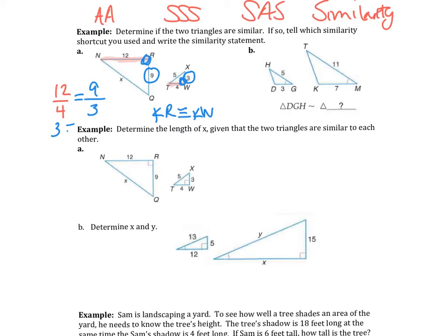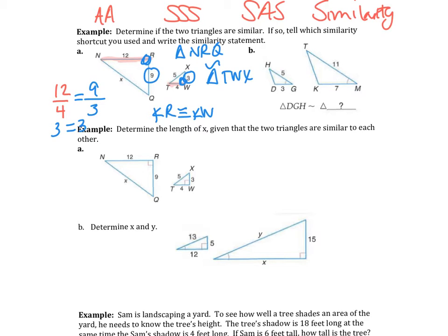Reducing both of those, I see that 3 is equal to 3, so my ratio is good. So I know that triangle NRQ is similar to triangle TWX. And remember, it's important to write it in that similar order, because that order does matter.